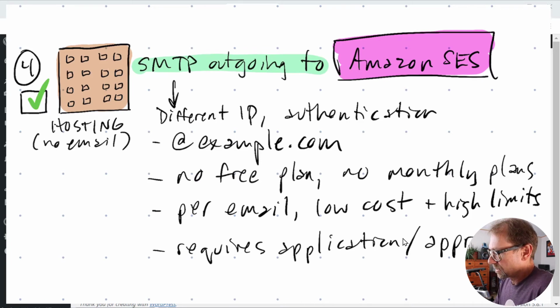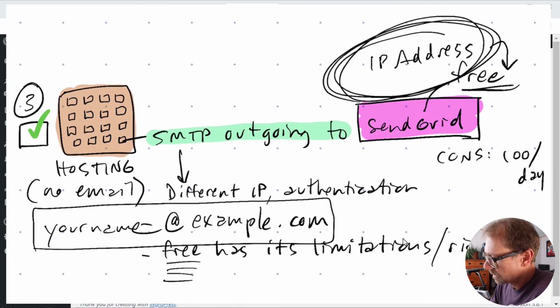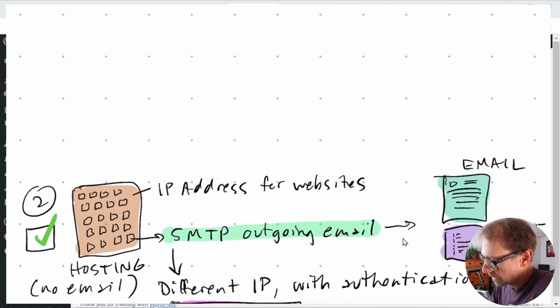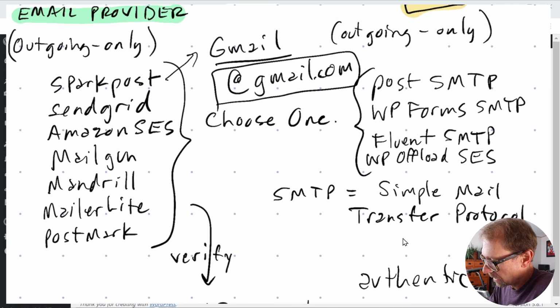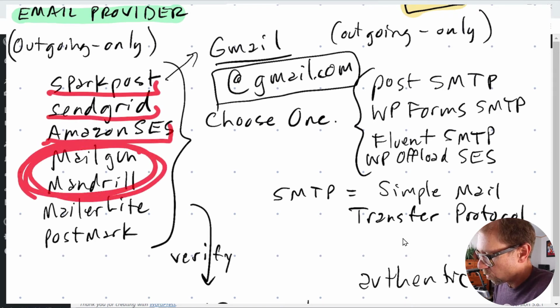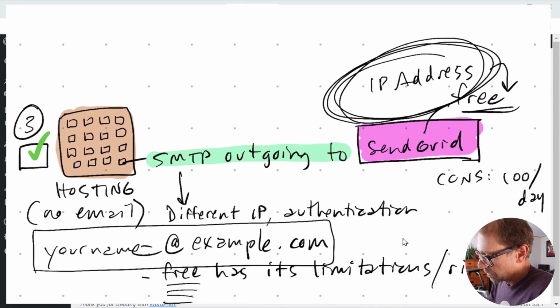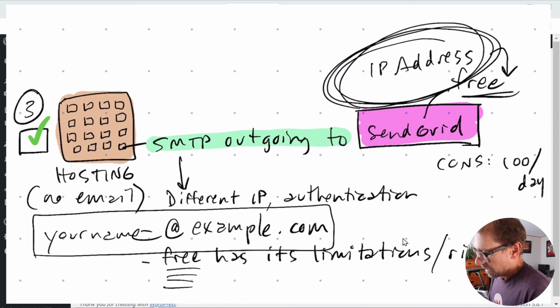So if you use a service which charges monthly, for example SendGrid, or, let's go back up to these, one of the high-level premium ones, SparkPost paid, SendGrid paid, Amazon paid, Mailgun and Mandrill are more expensive, or either one of the paid accounts from MailerLite or Postmark. With any of those, you're going to be in this boat here.